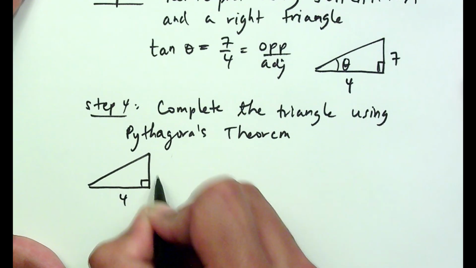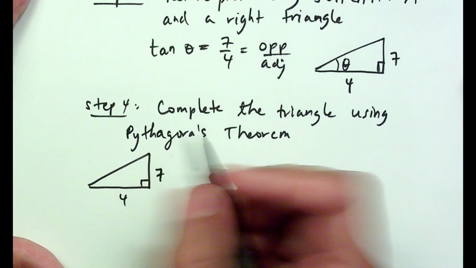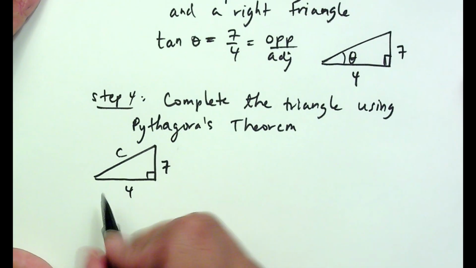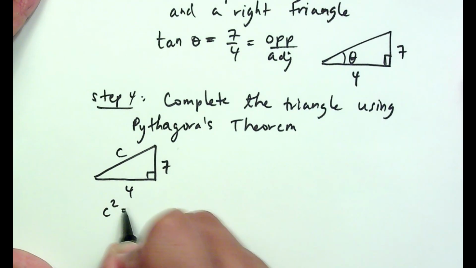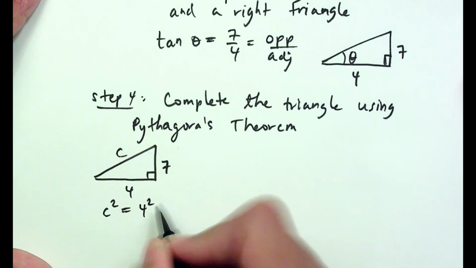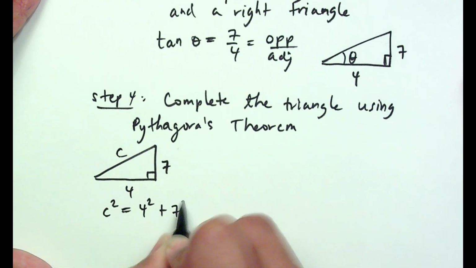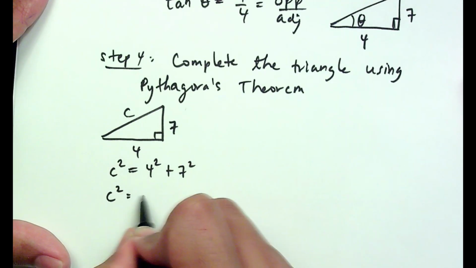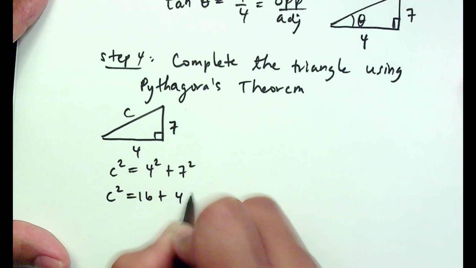This is 4, this is 7. Again, I like using ABC, so I'm going to call it C. You can call it whatever you want. Pythagoras theorem tells me the hypotenuse squared, C squared, equals the first leg squared plus the second leg squared. Simplifying, C squared equals 16 plus 49.